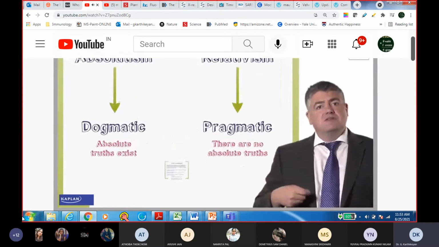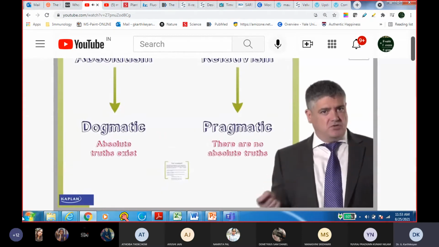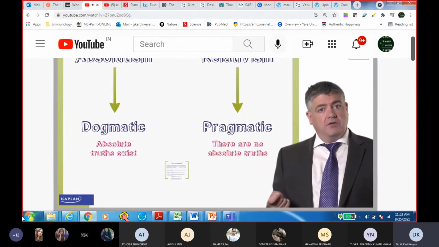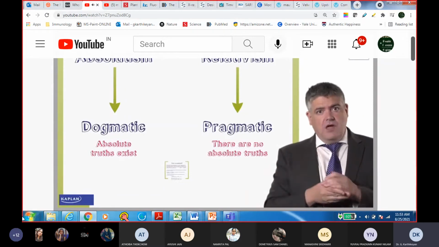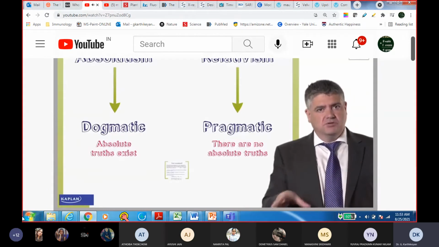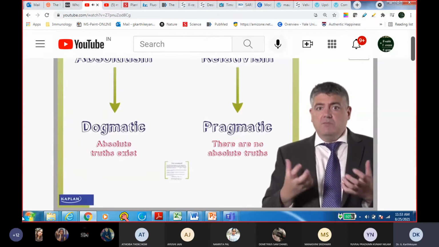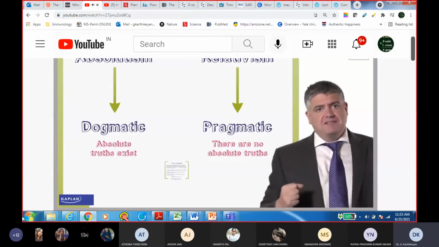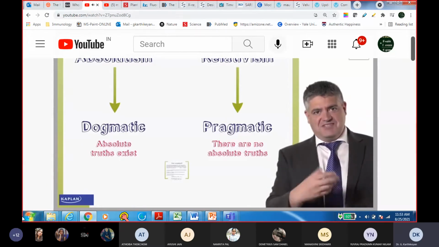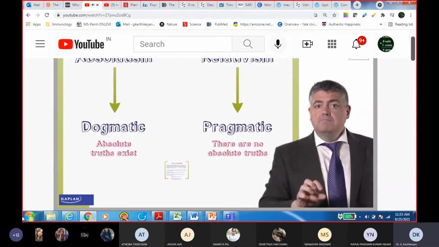Well, absolutists, we could say, are dogmatic in their nature. They would believe that there are some absolute truths that should be followed, a set of rules. A pragmatic person would believe that actually, there are no absolute rules, and each situation that we come to, we must assess. Take back the money on the stair. Some of you said, no, that money's not mine.